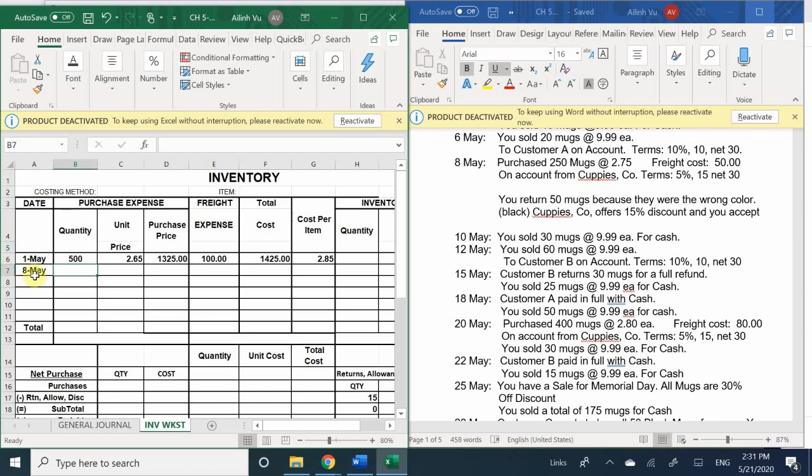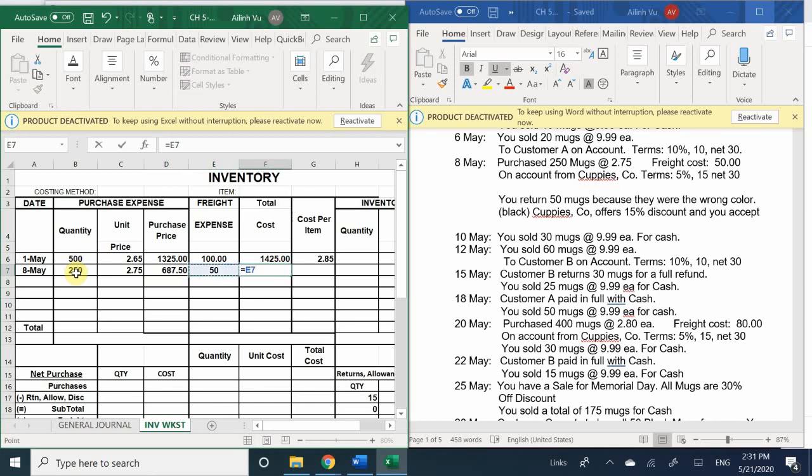So was it the 5th of May or the 8th of May? I think it was the 8th of May. All right, and we bought 250 items. It was for 275. So we need to multiply those two together. Freight was 50.